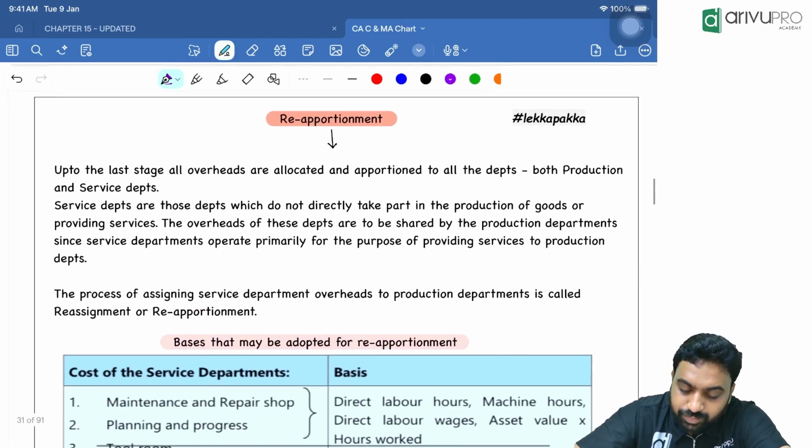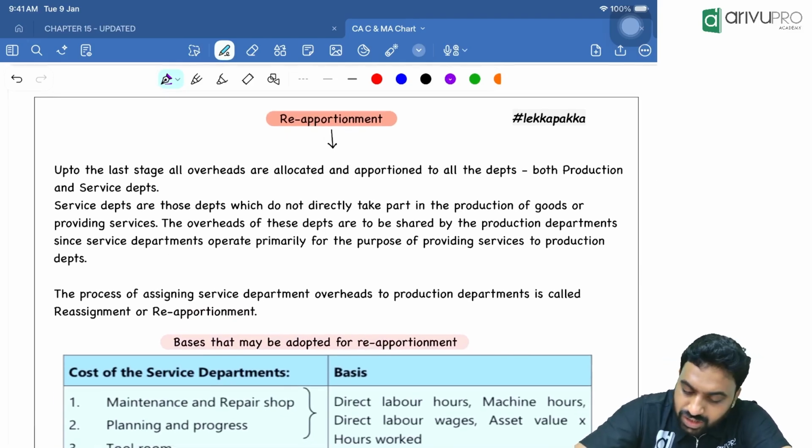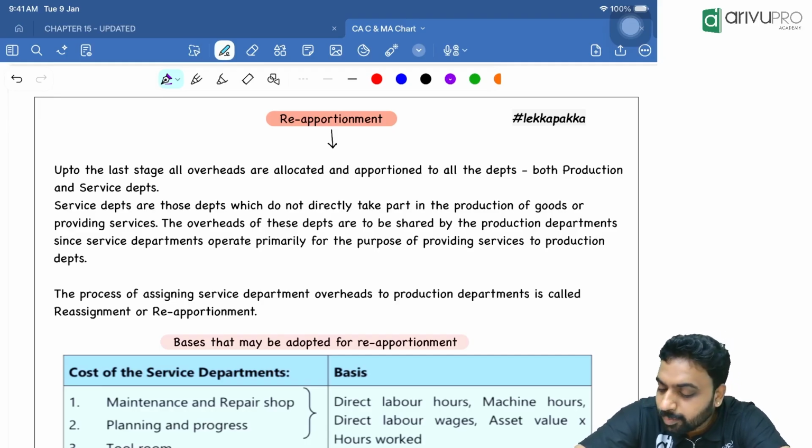What is reapportionment? Upon the last stage, all overheads are allocated and apportioned to all the departments, both production and service departments. Service departments are those departments which do not directly take part in the production of goods or producing services. The overheads of these departments are shared by the production departments, since service departments operate primarily for the purpose of providing service to the production departments.